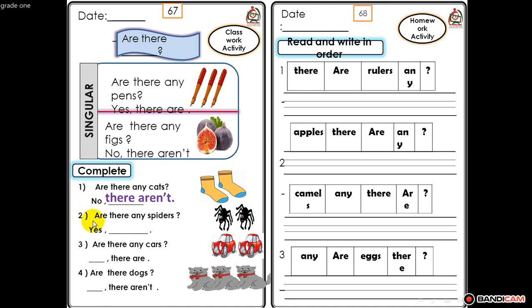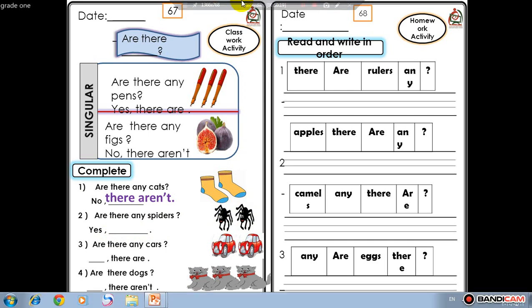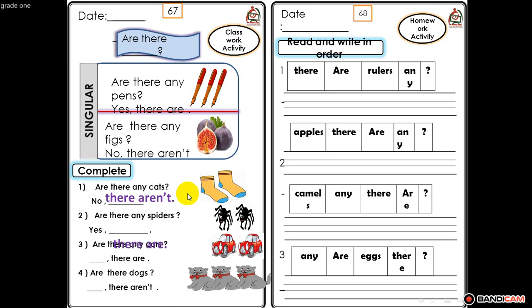Number 2. Are there any spiders? Look at this and tell me, yes or no? Yes. So I have to say, yes, there are. Number 3. Are there any cars? Look at this picture. Yes or no?